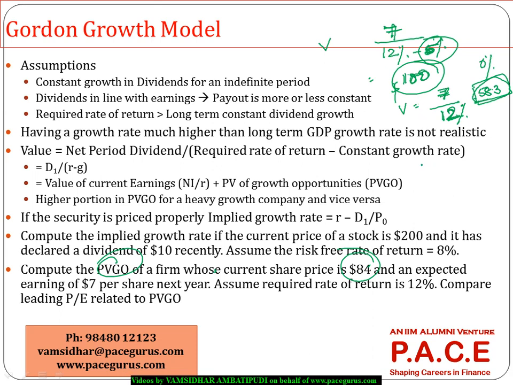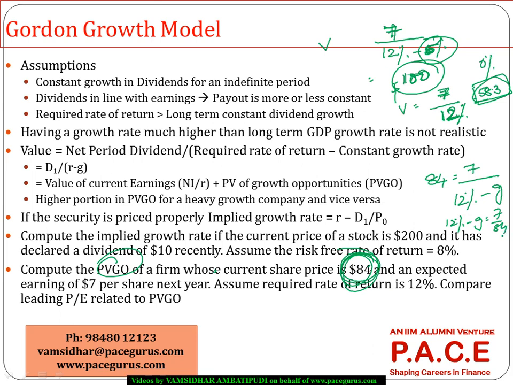So whenever we are talking about the current price, if the worth of the stock has to be 84, then what is it? D by R minus G. So 12% minus G equal to 7 by 84.